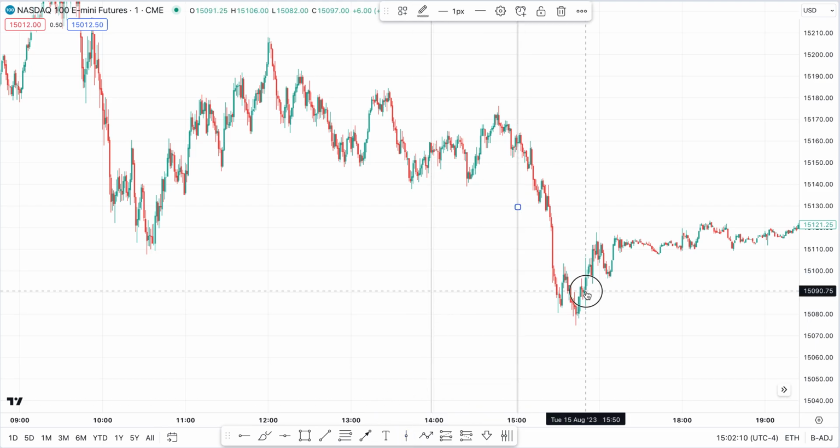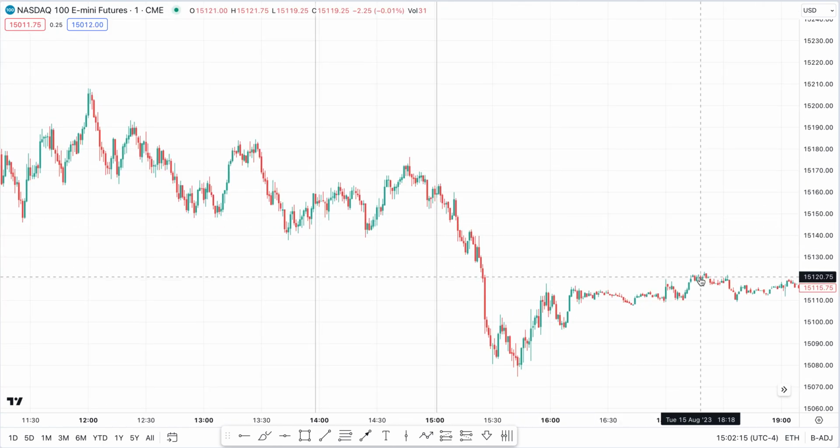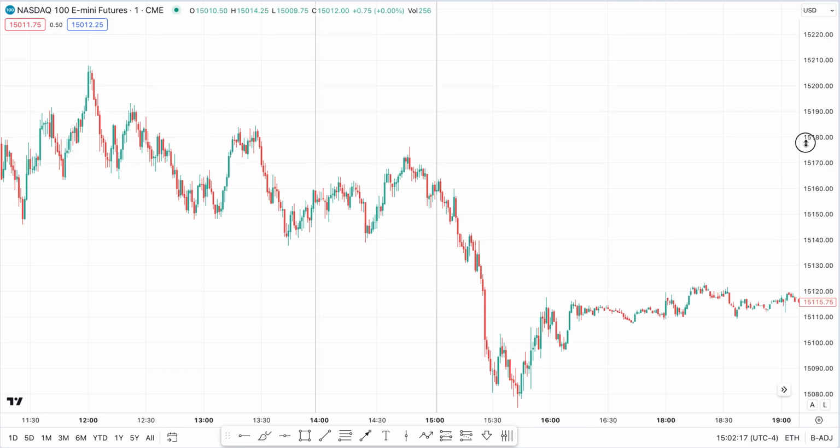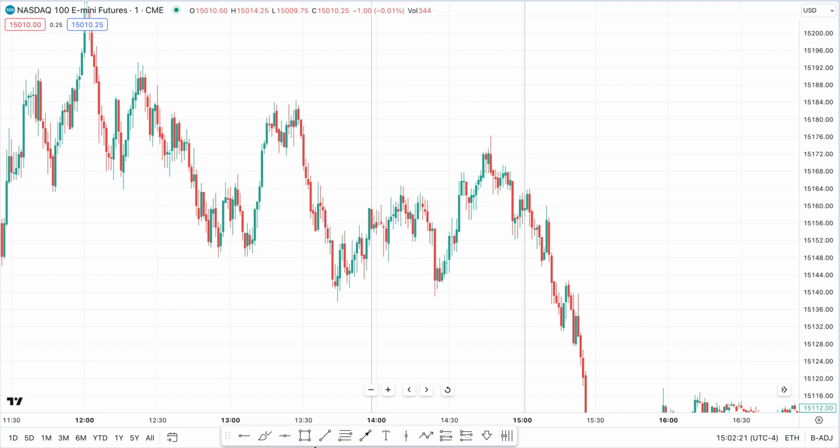It's all New York time. And then we are going to be looking at liquidity from 12 till 1:30. So extreme highs and extreme lows from 12 to 1:30.